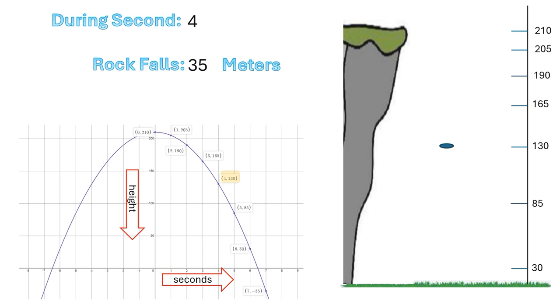The rock is falling faster and faster with each second, and this reflects what happens in reality. If one is to drop a stone, at first the rock is not moving very fast, but as time passes, it moves faster and faster. At 5 seconds, the rock falls 45 meters in the last second.